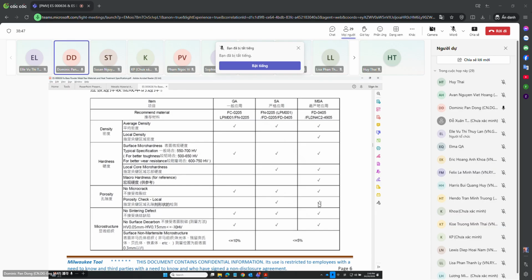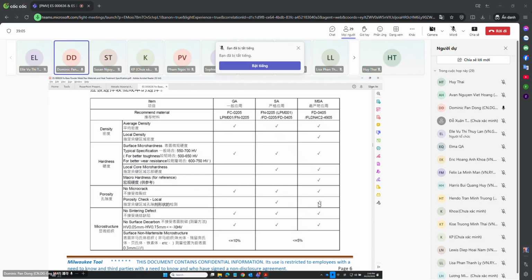And for the core, the overall so-called macro hardness, HRC, commonly it is only accepted for reference, not for OK or NG judgment. Why? Because that testing is not consistent.